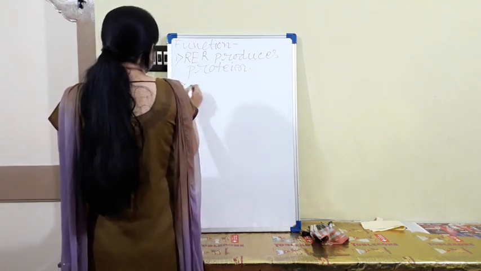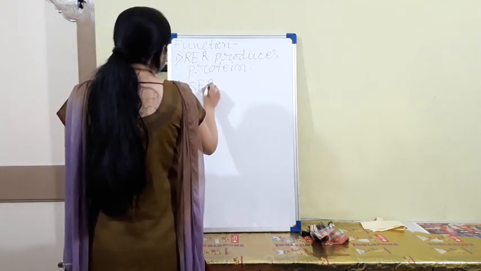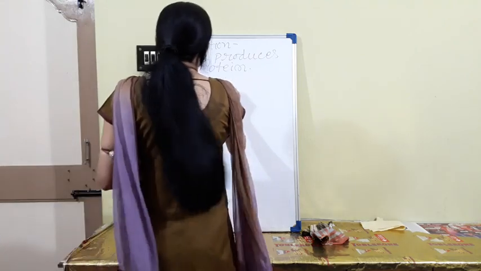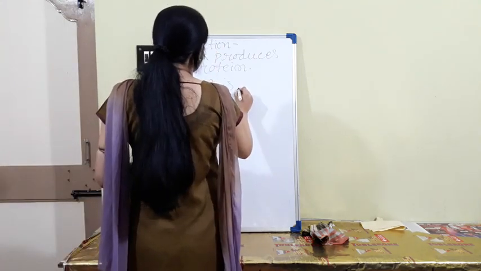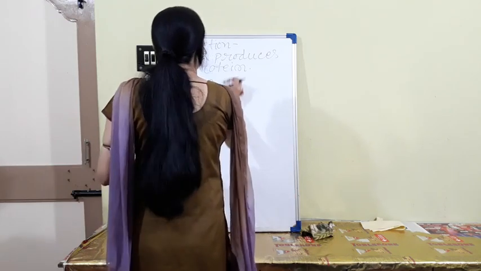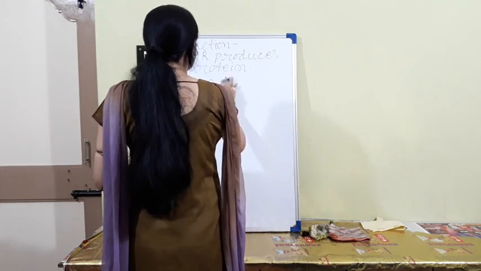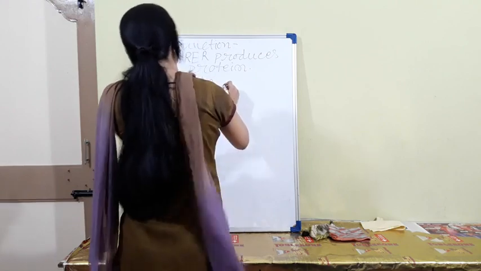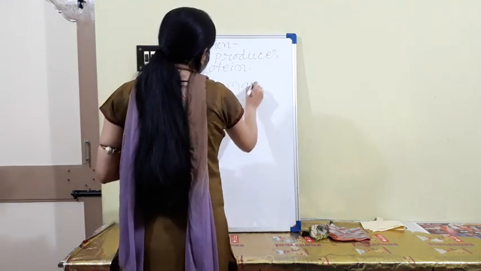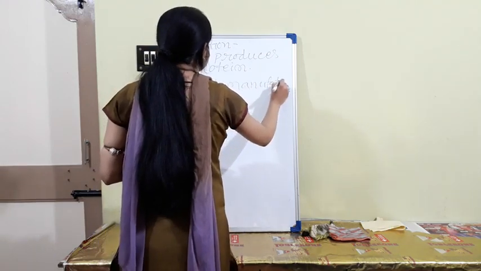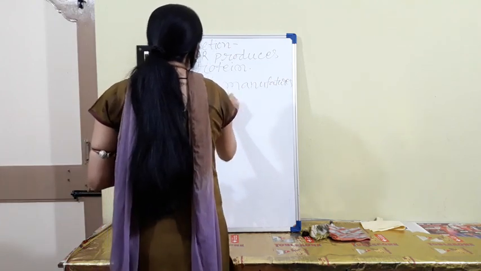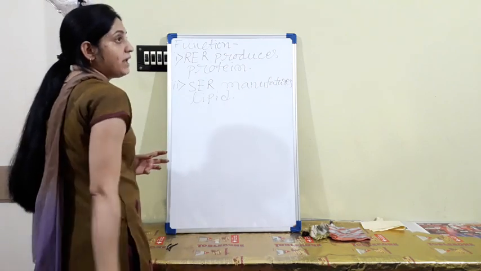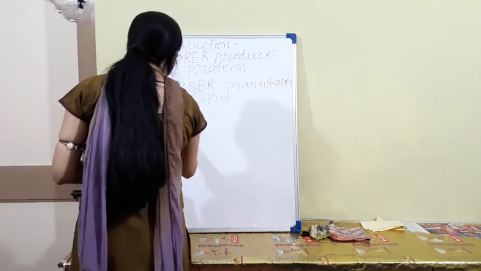The second one, SER, produces or synthesizes, manufactures lipid. This type of protein and lipid helps in the formation of the plasma membrane.